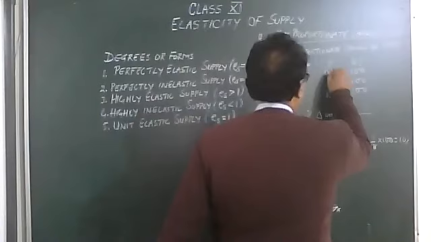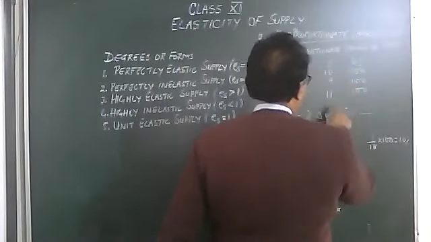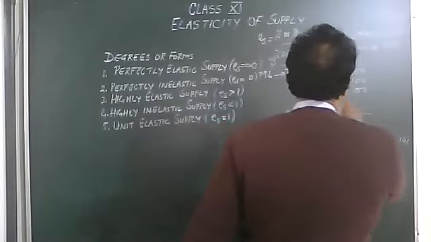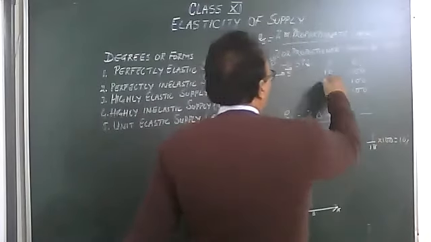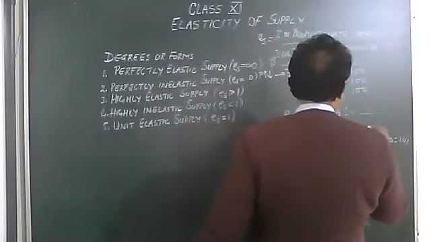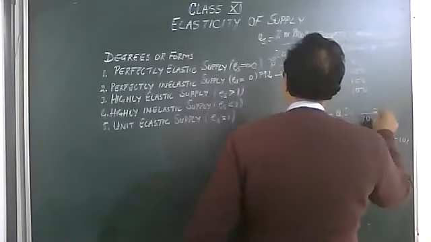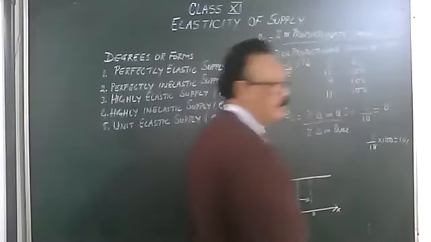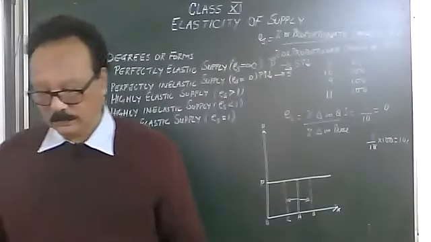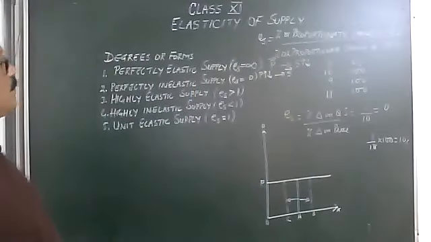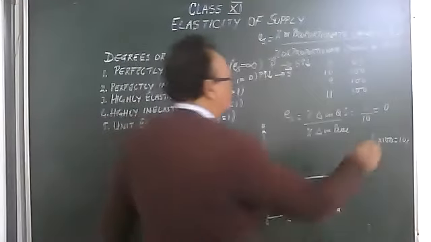Put this 10, 9, and 11. From 10 it drops to 9, it increases. 1 upon 10 into 100 is 10%. That is equal to 0. 0 upon 10% is equal to 0%.